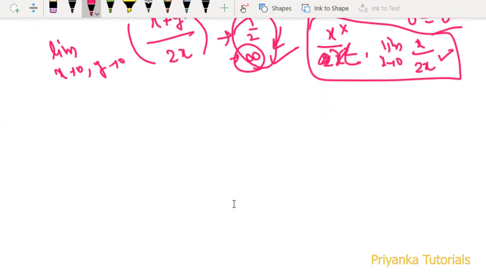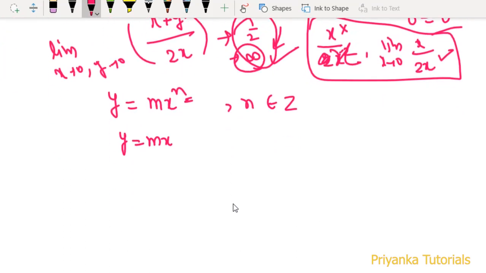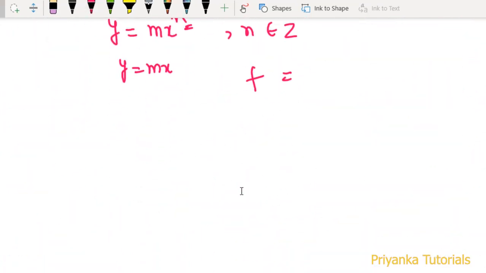Then we will do one thing, that we will choose another path, y equal to mx, which is the general path, and now you can take this m from the real numbers. So I am taking the y equal to mx path, and you substitute in the question here, and our function will become x plus mx upon 2x minus mx.